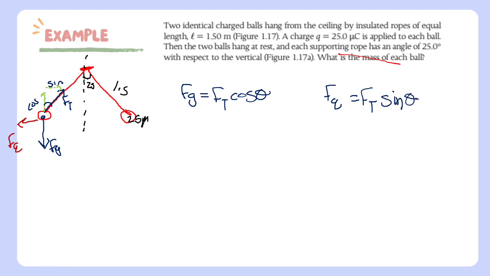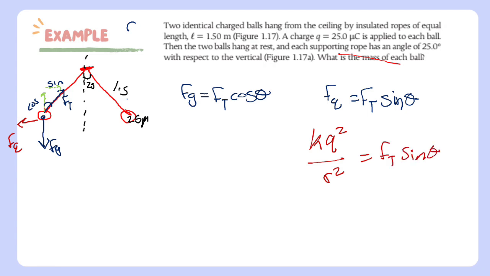We want to find the mass, but let's see what we have. We have the charge, we have the length. From the length I can find the R. I'm pretty sure I have everything that I need. Things are simple in here. So kq squared divided by r squared equals Ft sine theta.